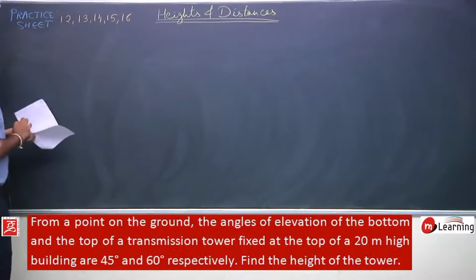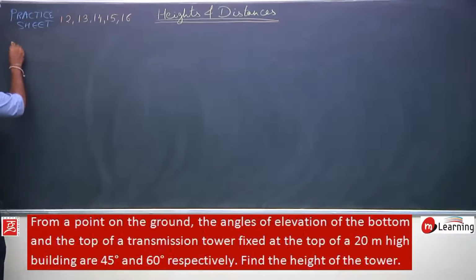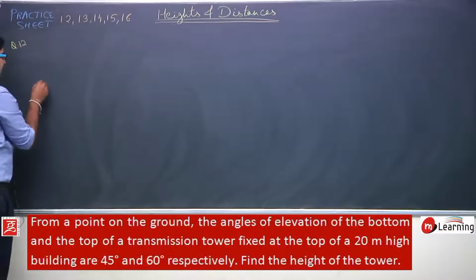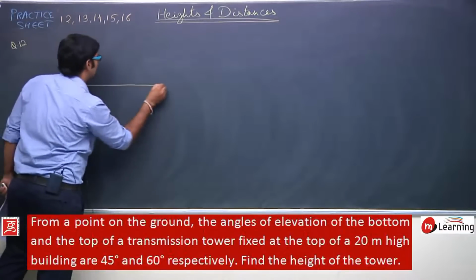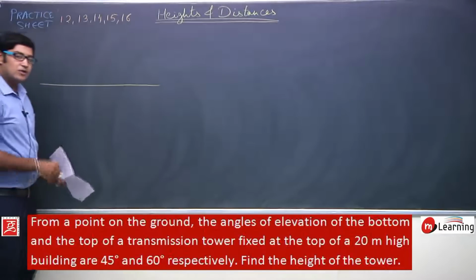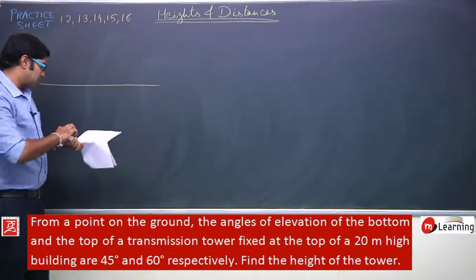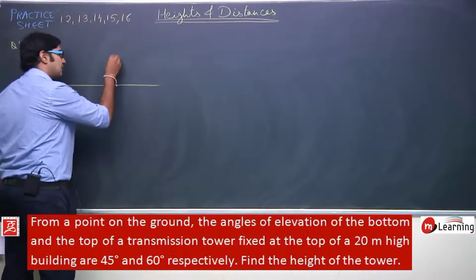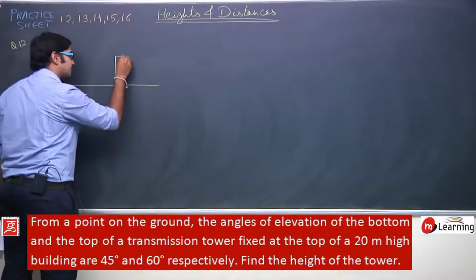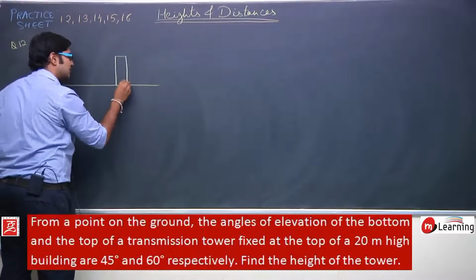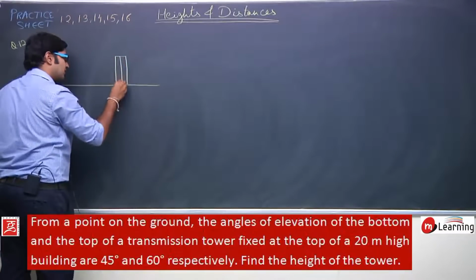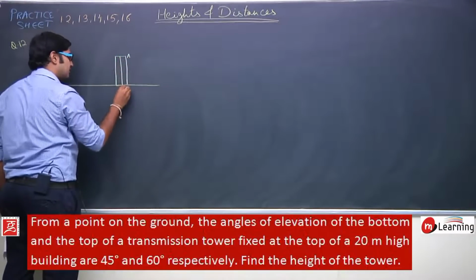So if I try to draw the diagram for question number 12, let us first make a ground level. So this is the ground level. From this ground level there is a building which is 20 meters high. This is the building, let us say AB.